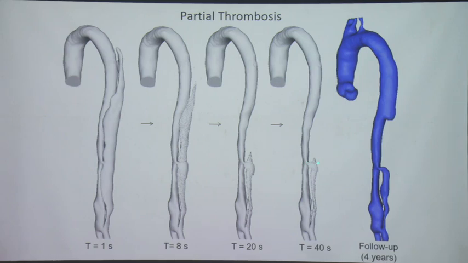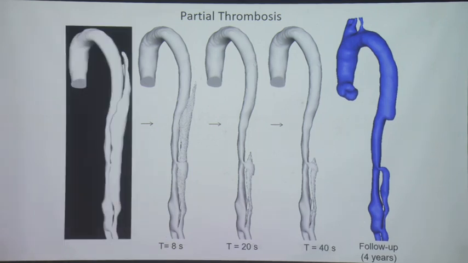So I'll come back to that point later after the model has been further modified. But generally speaking, it performed reasonably well, and it can predict the false lumen thrombosis even for this fairly long period of time. I think this one is the animation. It just basically shows the evolution of the thrombus formation as predicted.